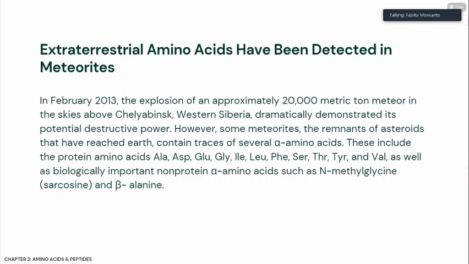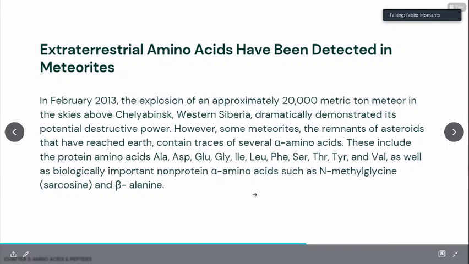It's a good thing it landed in Siberia where there are no people, just plenty of ice. When they examined the meteorite, it contained alanine, aspartate, glutamate, glycine, isoleucine, leucine, phenylalanine, serine, threonine, tyrosine, and valine.